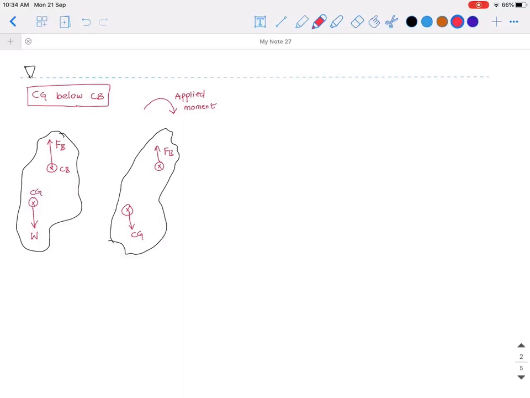Now after this tilt, this body experiences a restoring couple in this direction.